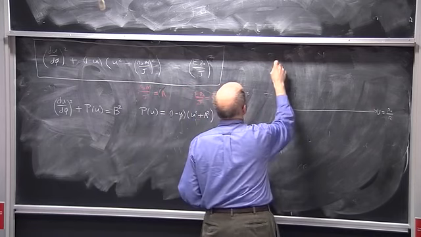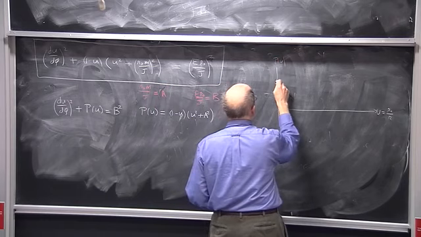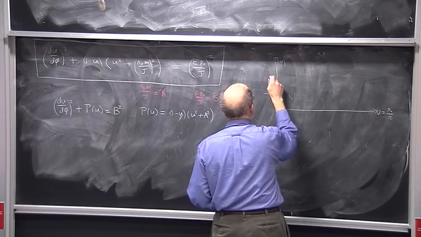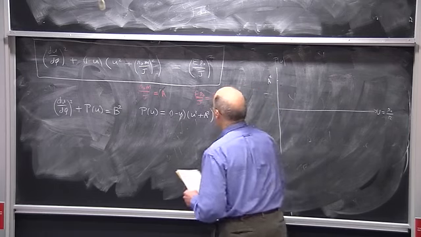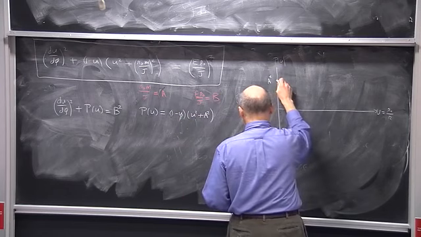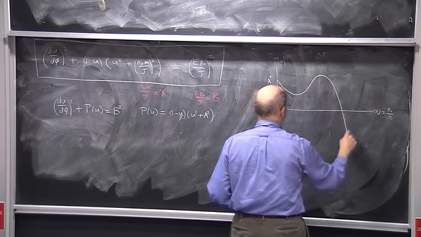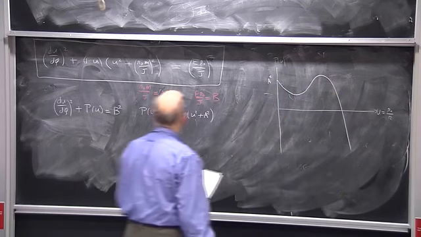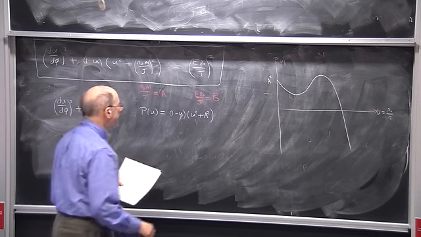And then if I plot p of u, it can look in different ways, depending on the values of a and b. But here's a typical case. This will be the case that'll be of interest for the planetary orbit.